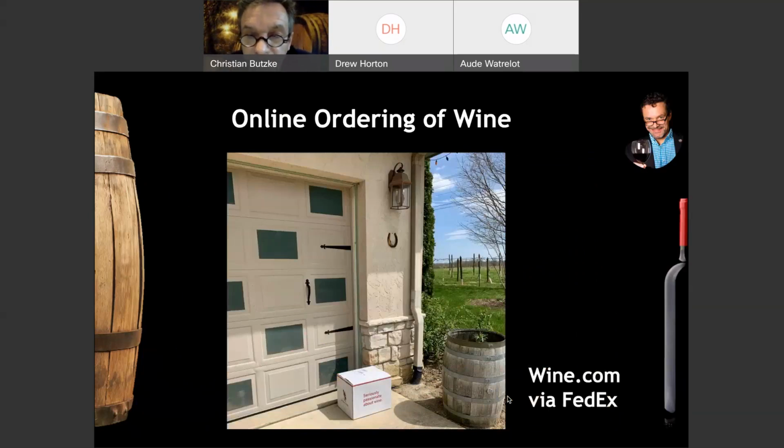You can see the wines haven't quite brought it out yet, but nonetheless, that's how the gentleman from FedEx left the wine in the sun out by the garage, and I caught it right away. But if I'd been at work, it would have sat there for a bunch of hours in the sun. So again, educating our distributors, educating the shipping companies about how sensitive wine actually is, I think is more important.